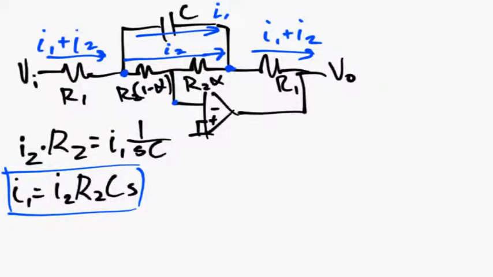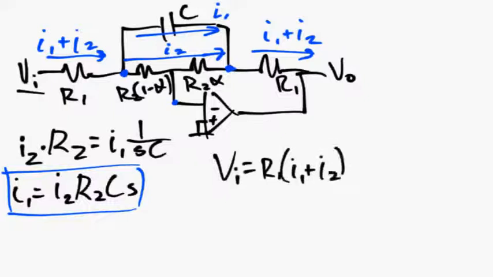We can also find the voltage Vin in terms of these currents. So let's say that Vin is equal to, first the voltage across R1, so we say R1 times I1 plus I2, plus the current through this resistor to this node, which is also ground, or 0 volts, and so we can say that that's I2 only times R2 times 1 minus alpha.